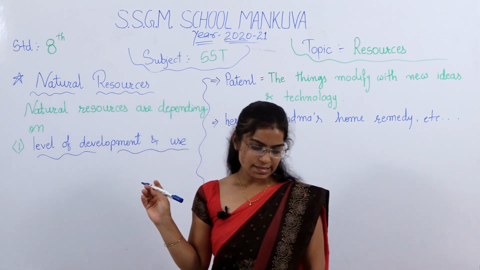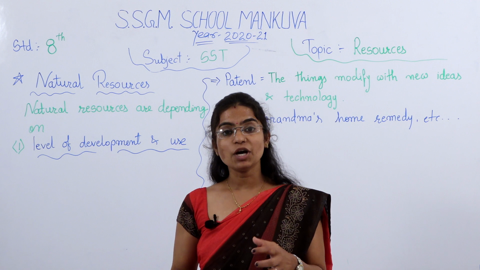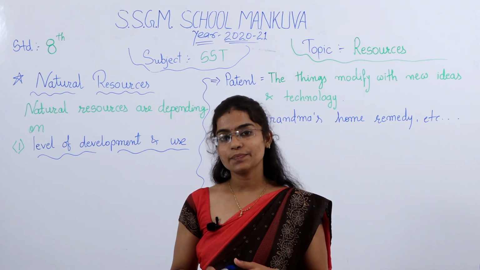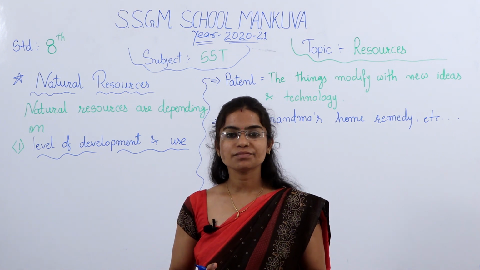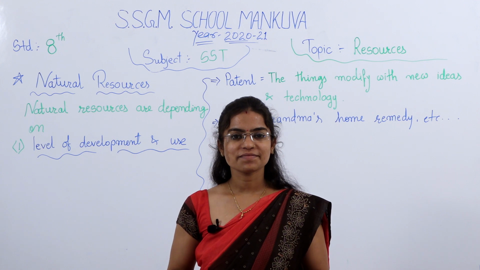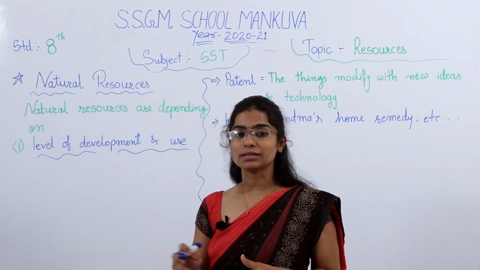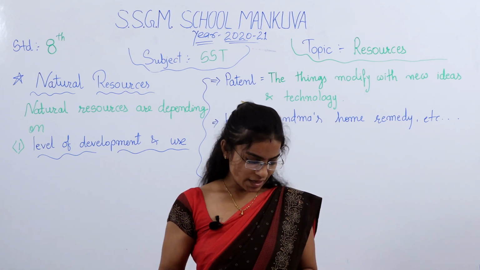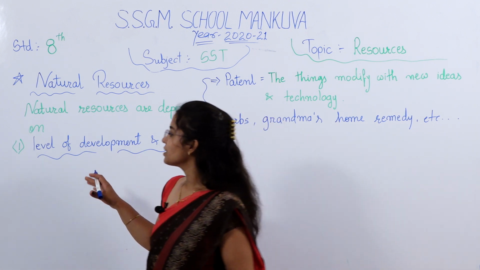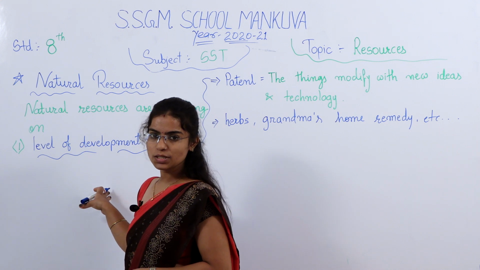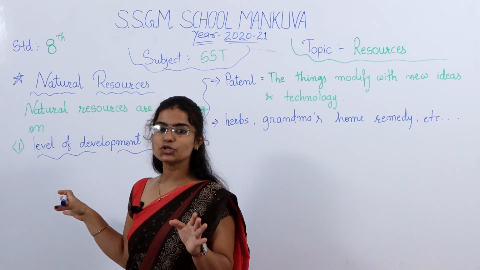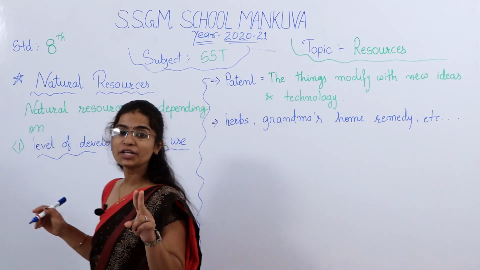Now, what is level of development and use? Do you know that? Yes, it is about the quantity. Let's see. This type of resources is classified into two groups. How many groups?